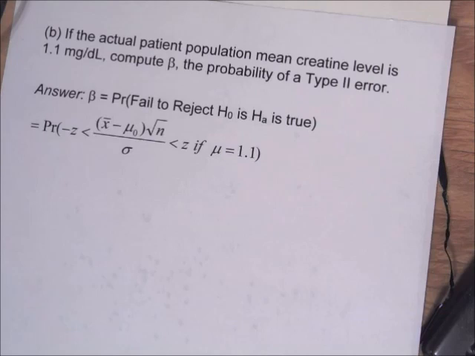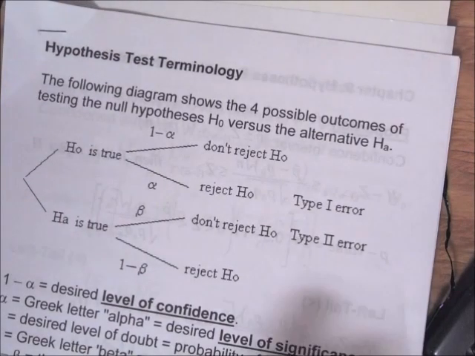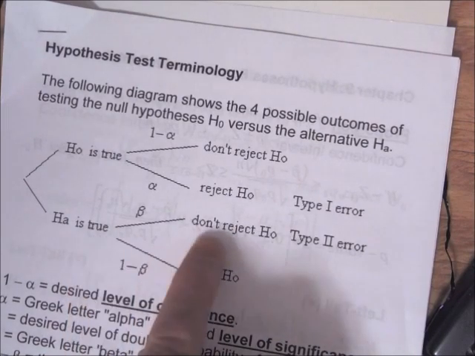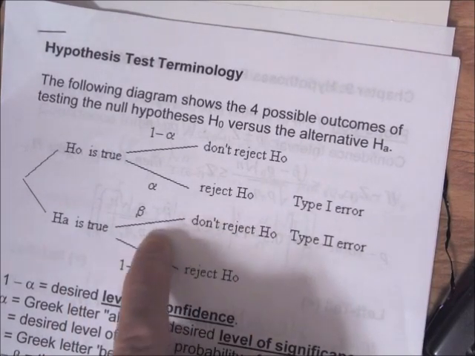You may recall, according to the critical value method, the probability of type 2 error is the probability that we don't reject H naught if HA is true. That's a type 2 error.